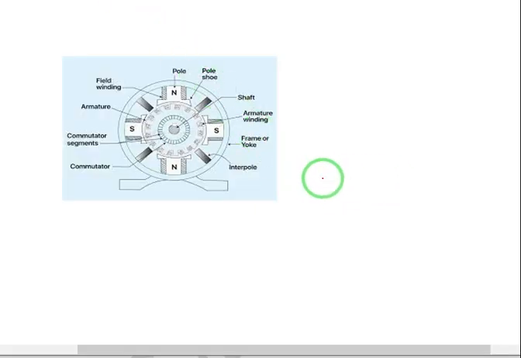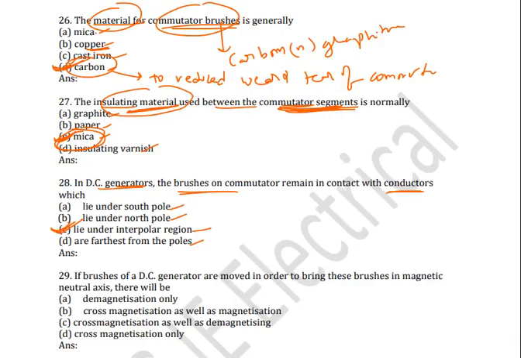You can observe the interpoles in a DC generator. These are the interpoles, which appear between the poles. In the interpole region, the brushes will be in contact with the conductors. So brushes on the commutator remain in contact with conductors which lie under the interpole region.